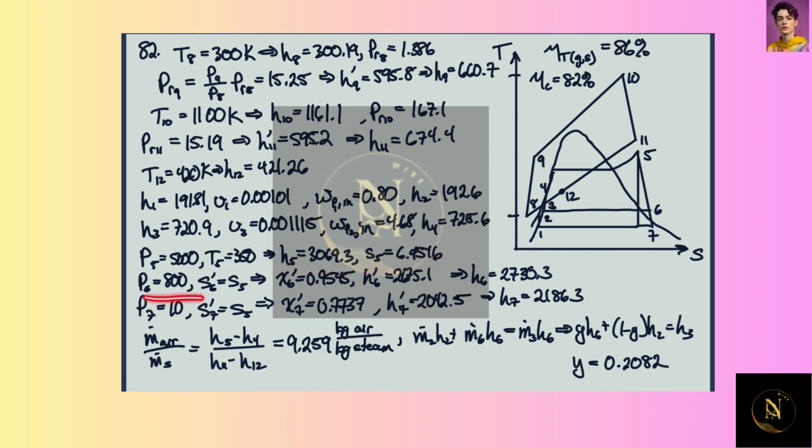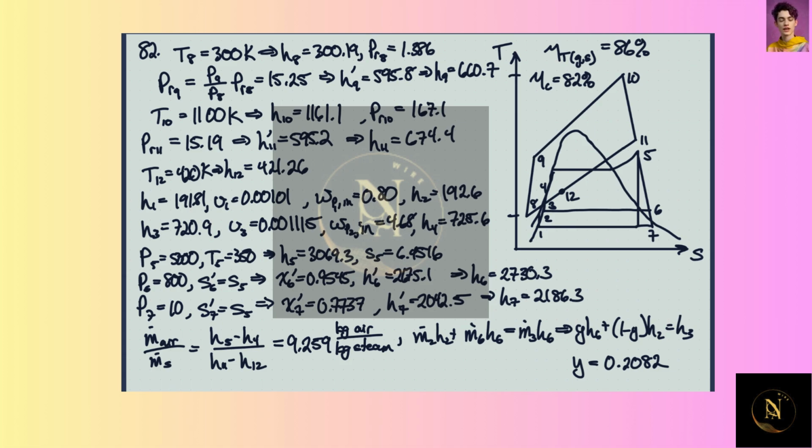That allows us to get the isentropic quality at 6, the isentropic enthalpy at 6, and the actual enthalpy at 6 from the efficiency. And likewise, we do the same exact thing at 7. So we have, again, the enthalpy at 7.